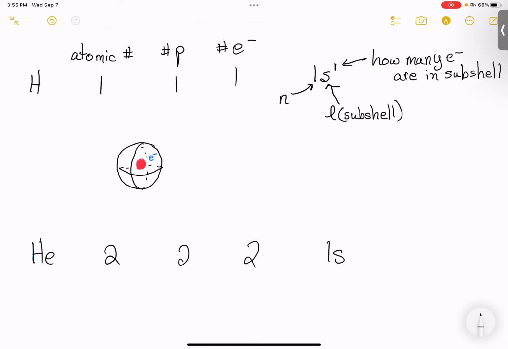Because remember, I told you helium belonged over here with respect to electron configurations. So 1s2.